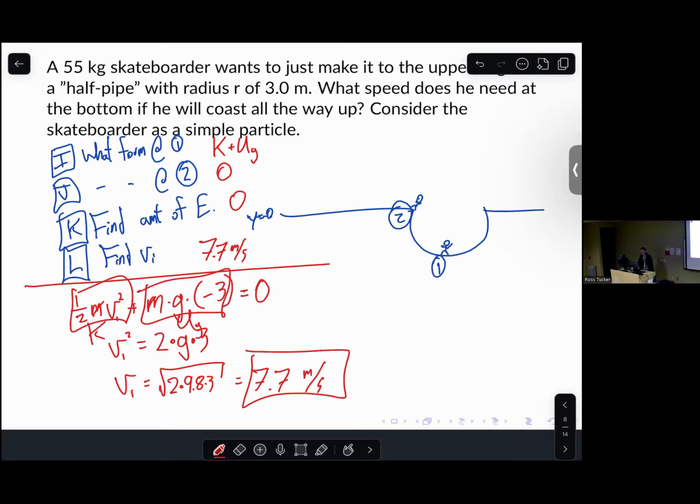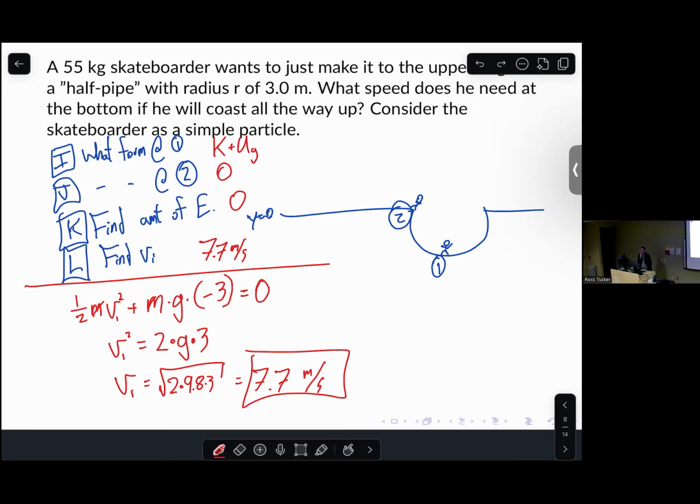I mean, that's that. And the final is that. So I'm saying initial equals final. That's conservation of energy. That's what I mean by energy is conserved. The initial equals the final, unless you have an external force doing work, but we don't here.